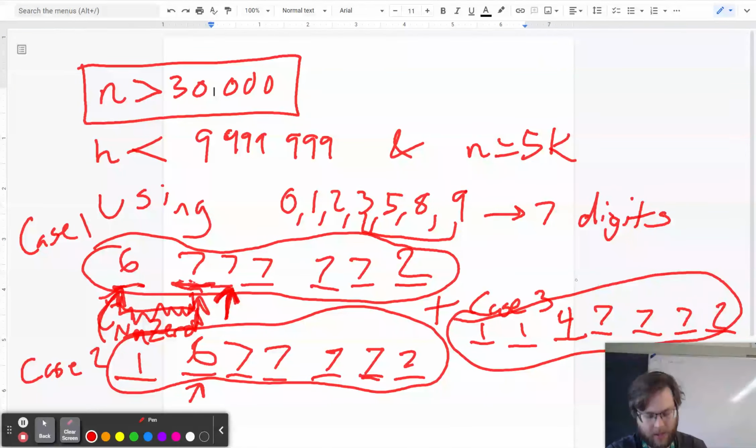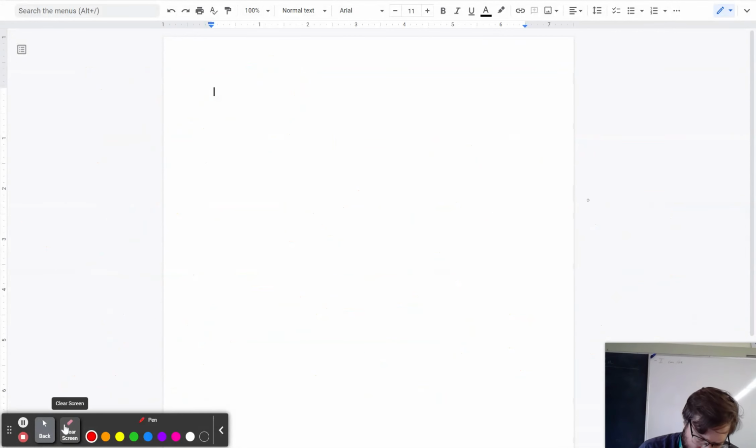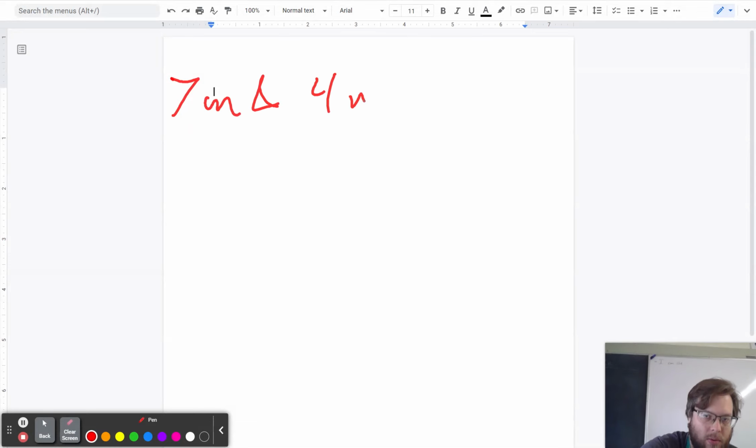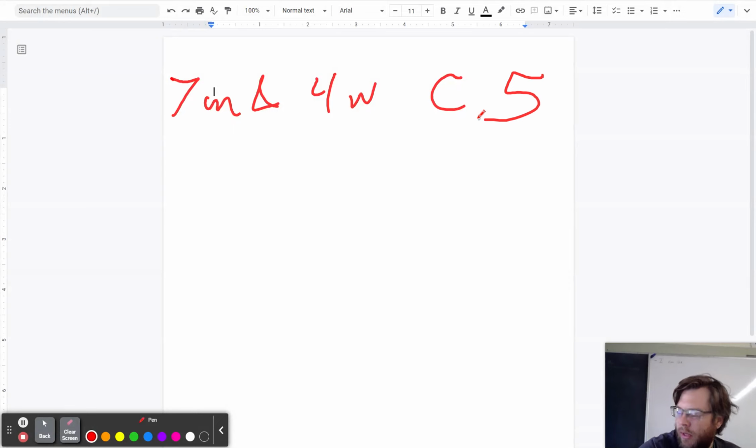So there we go. All right, last one on this is a committee of 5 from 7 men and 4 women. So 7 men, 4 women, choosing 5. Let's see. So that we need at least 1 male and 1 female, and there are more women than men on the committee.